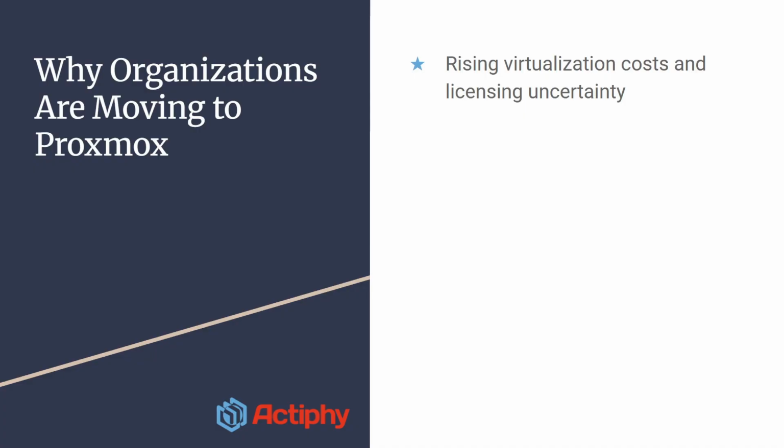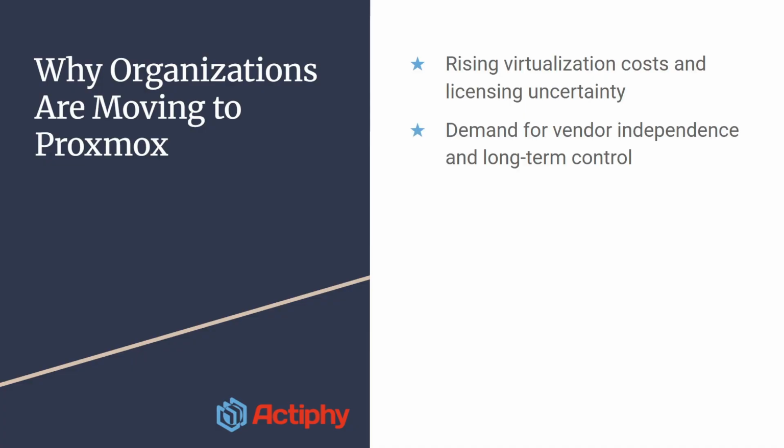This isn't about chasing something new. It's about stabilizing infrastructure decisions in an environment where licensing models are changing faster than many organizations expected. And that shift in mindset is what's driving many teams to take a serious look at Proxmox.